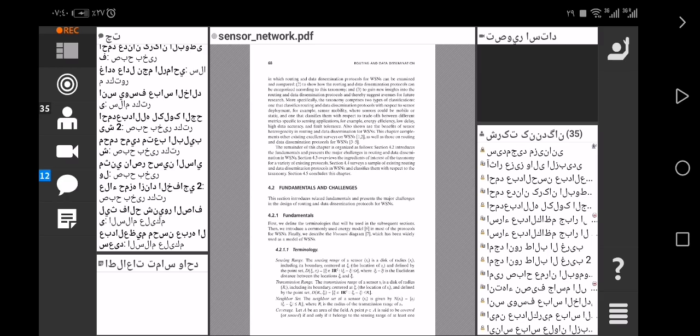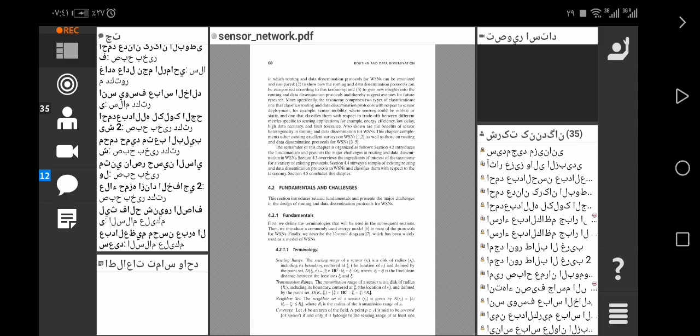Transmission range. Again, transmission range is like a disk within which a sensor can send its data to another sensor, the maximum range.